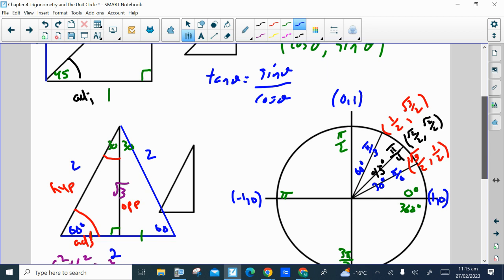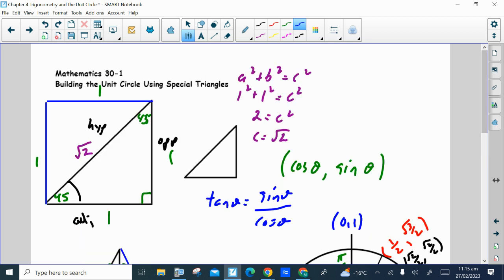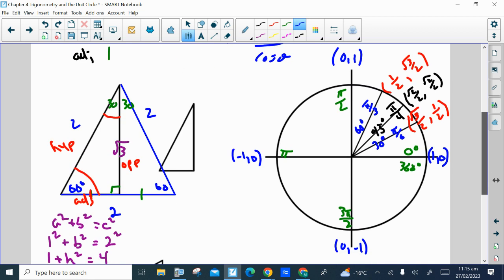At 1, 0, which is at 0 or 360 degrees, we can find the tangent of that angle by going sine over cos. Remember, sine is the y value, cos is the x value. So when you go sine over cos, you're going to go 0 divided by 1. 0 divided by anything is 0.